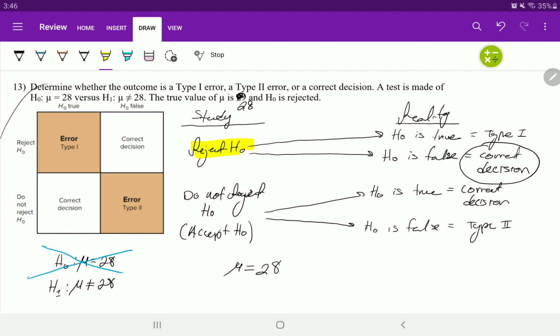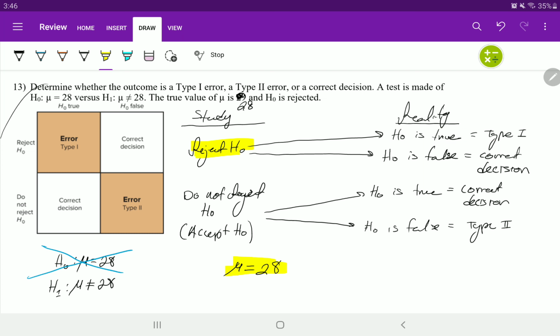But the true value, in reality, mu is 28, which means you just rejected true information. Because you rejected true information, that would be a type 1 error. You rejected the fact that mu is 28, but in reality, the true mean is 28. That is an example of type 1 error.